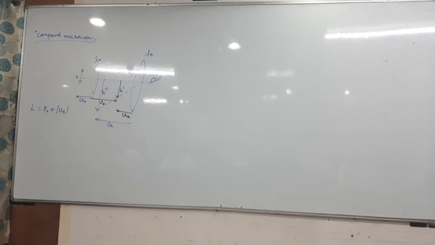This image will work like an object for the eyepiece lens, comma, the object and image distances are UE and VE.